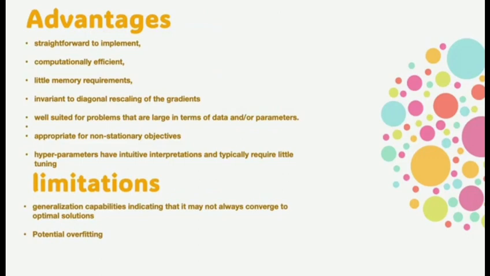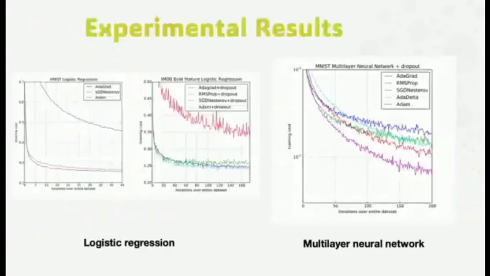It is appropriate for non-stationary objectives, and it is also easier to work with hyperparameters. But it also has some limitations. First, it might not always converge, and the second one is that it potentially has an overfitting problem.